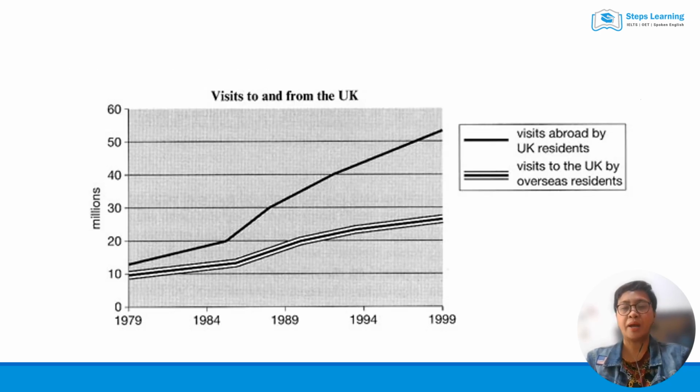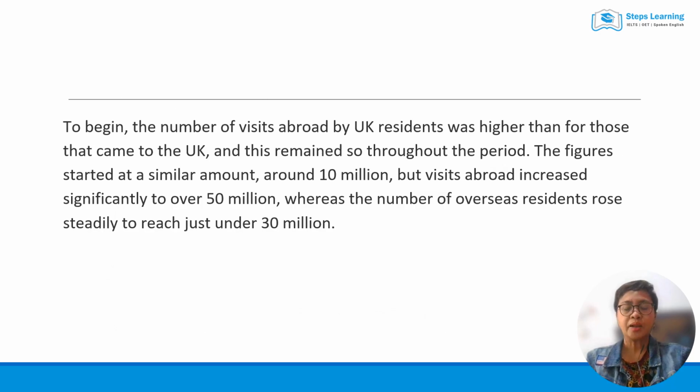So again, let's look back to our first graph, which is the line graph. And let's look at how we should write the body paragraph. You have your linking word to begin with. The number of visits abroad by UK residents was higher than for those that came to the UK, and this remains so throughout the period.